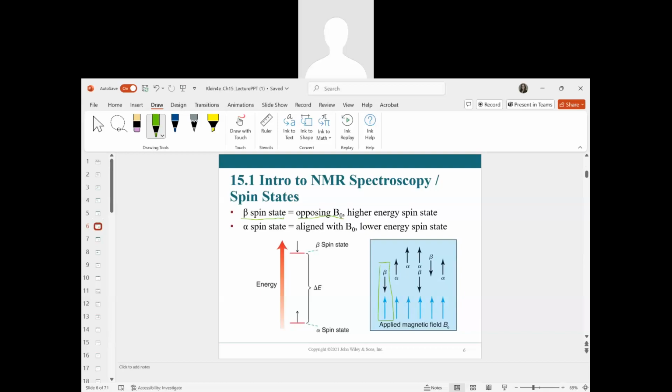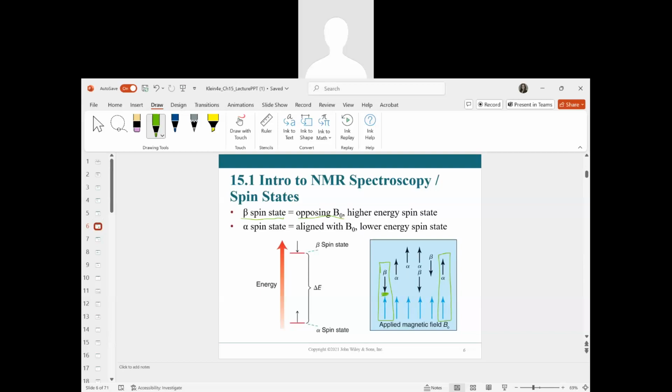Our applied magnetic field is shown in that blue arrow, and the spin state of our specific nucleus is in the beta spin state, and you can see here they are opposing each other. They're going in opposite directions. But then on the other side here, we see this alpha spin state. This would be a lower energy spin state because this nucleus is aligned with the external applied magnetic field.